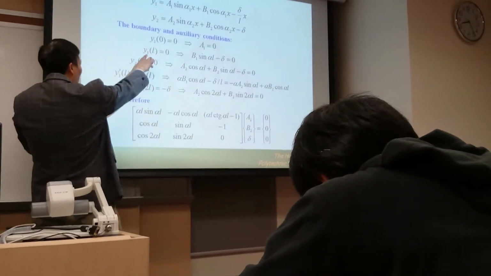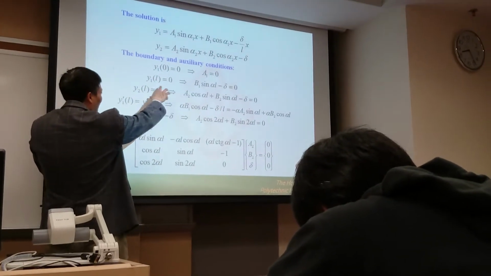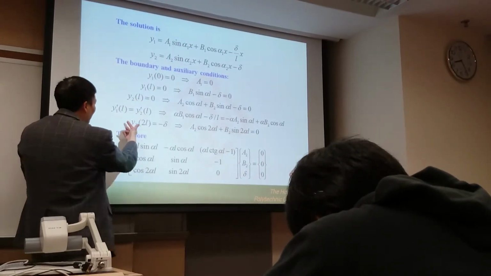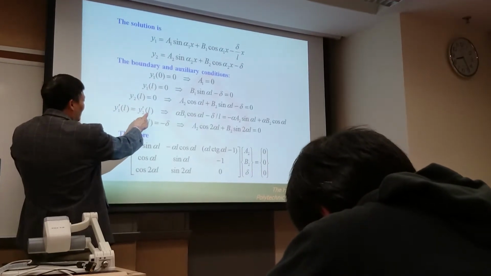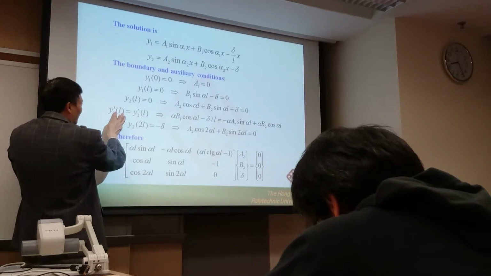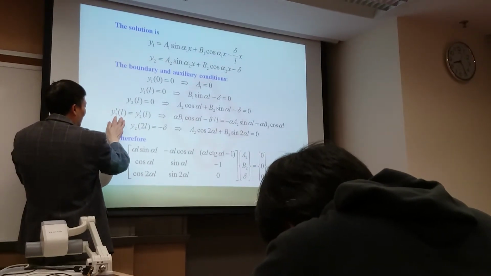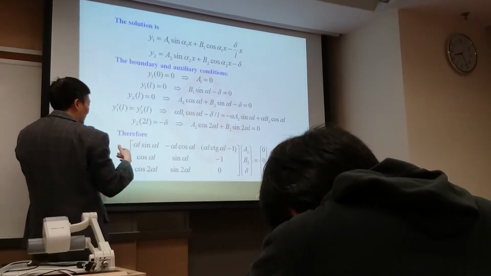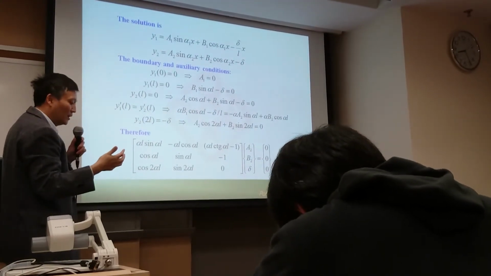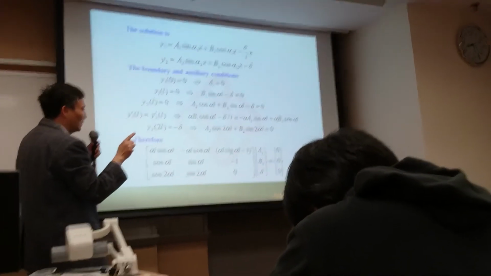So from the first equation and the second equation, both are equal to 0, right? And also at this point, the rotation from the first segment and the rotation from the second segment should be the same at point C.